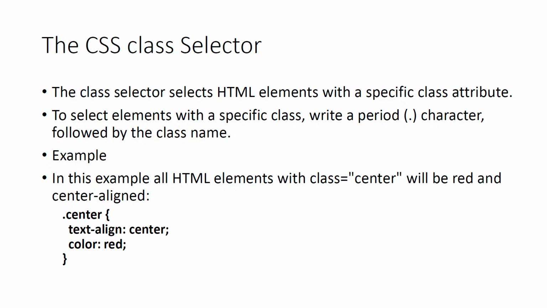This time around, we're not going to use the hash sign for the class. We're going to use the period, or the full stop, or maybe say the dot. So we put the dot first, followed by the name of that particular class, or the value of that class attribute for that particular tag.